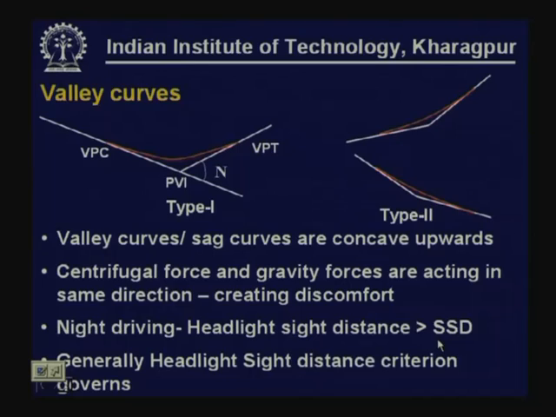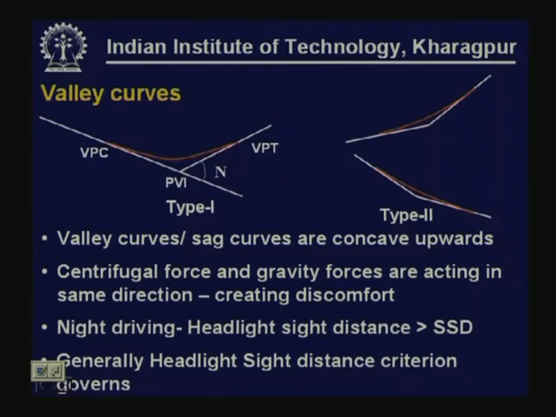So, that illuminated length of the road must be adequate for the vehicle for emergency stopping. Therefore, headlight side distance is a major consideration and criterion in the design of the valley curve. There are comfort conditions and also the headlight conditions, both are to be considered, but normally it is found that the headlight side condition dominates.